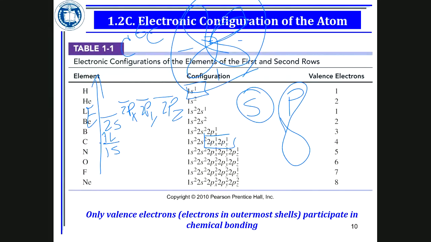To 1s or 2s? 2s. Why not 1s? Because 1s is already occupied, it's sold out. If it's full, we cannot put the third electron in there. So electron 3 must go to the 2s orbital.